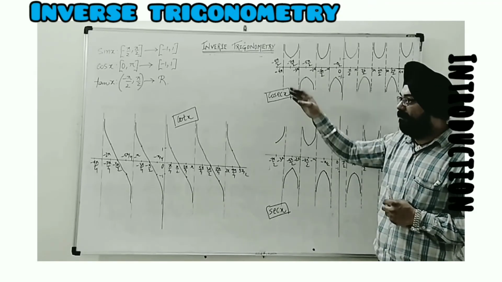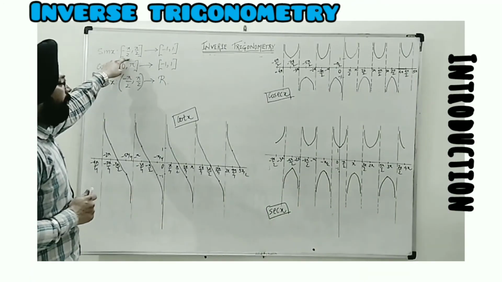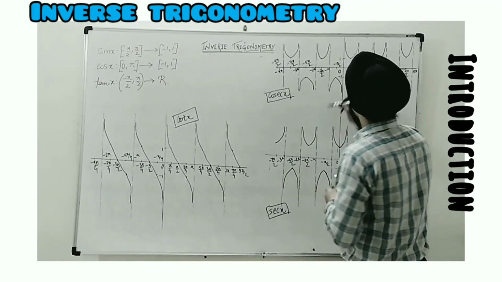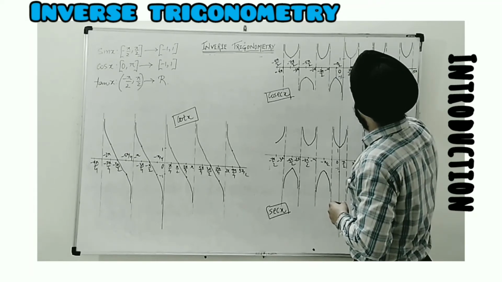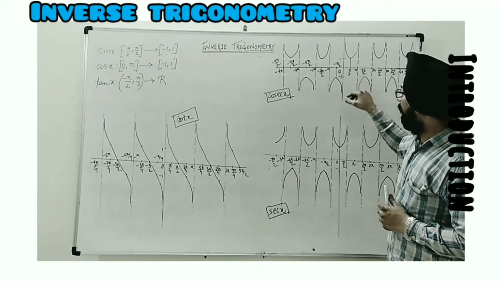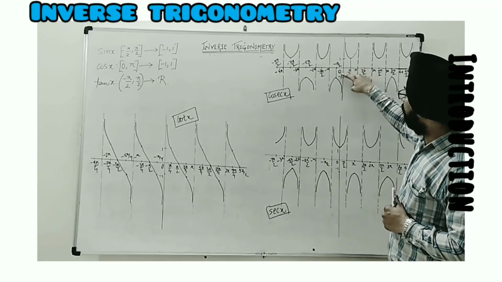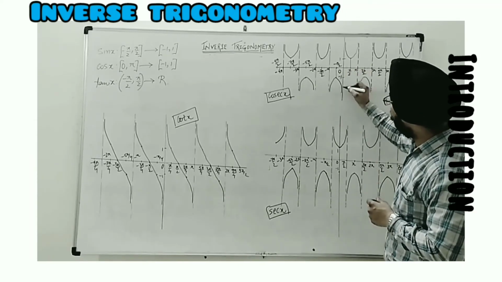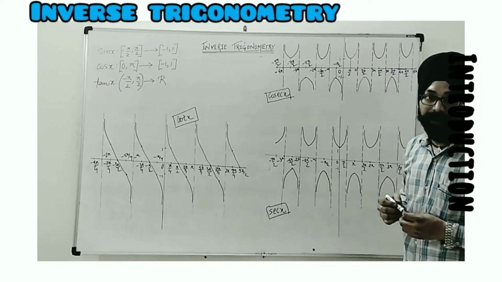Cosec is just taken like a sine. Its principal domain is taken as minus pi by 2 to pi by 2. But we see that between minus pi by 2 and pi by 2 there is one point, when the value of x is 0, at which it is infinity, or you can say it is not defined.